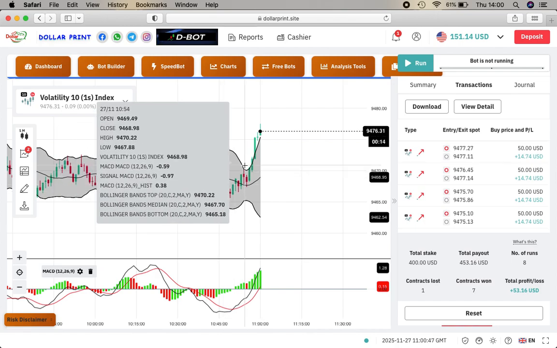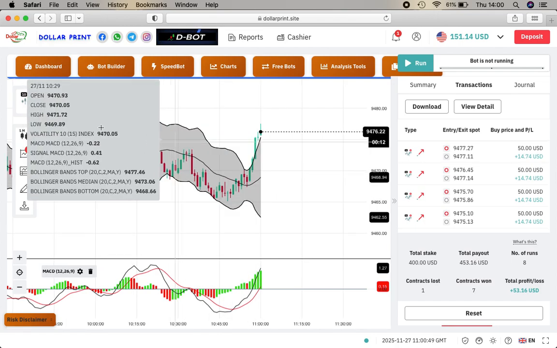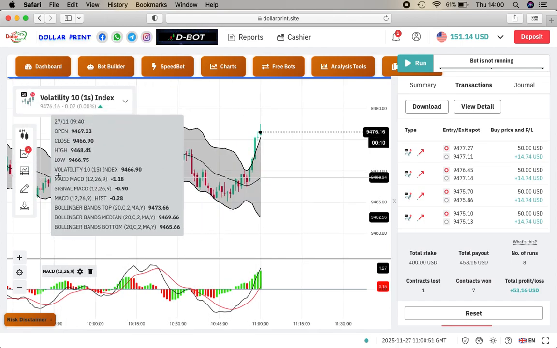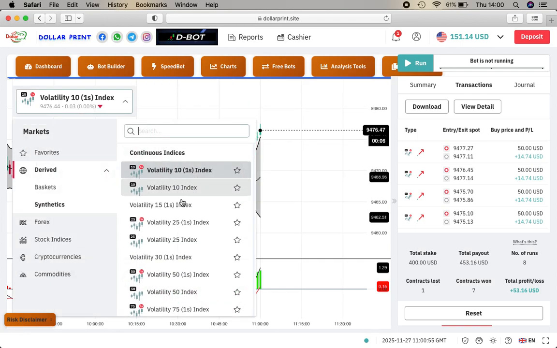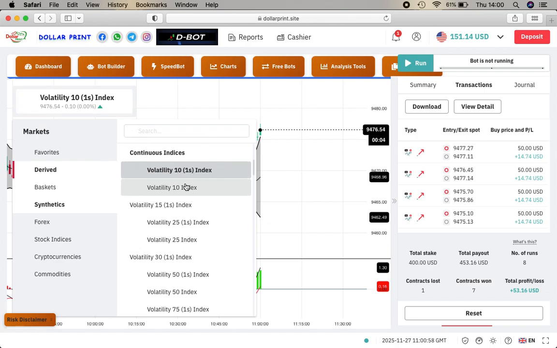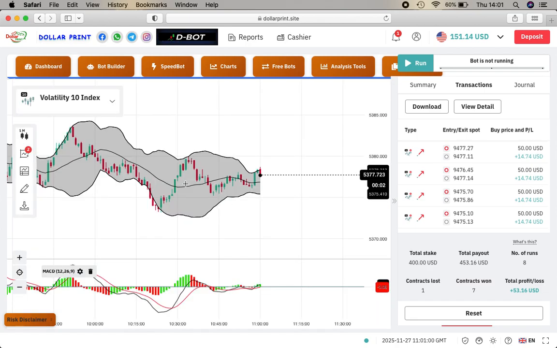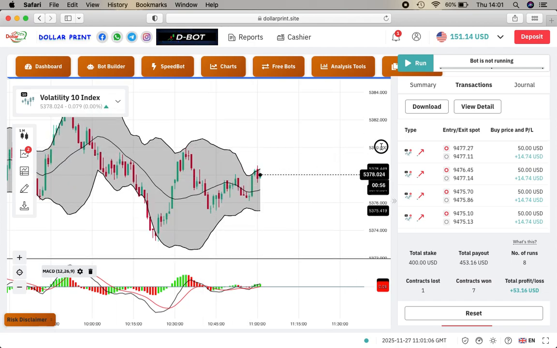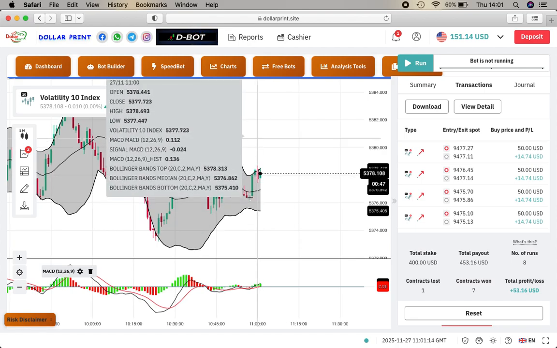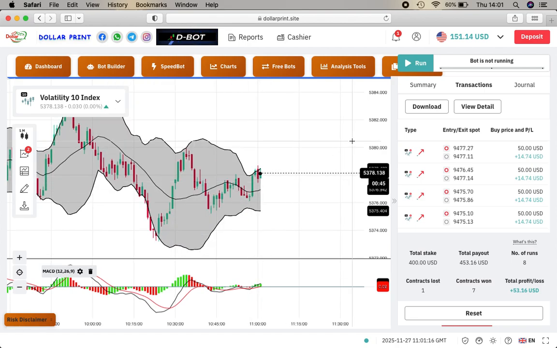So for lower, let me find a market for lower. The indicators act as a confirmation, and I need to explain something about this moving average, because you have a middle moving average. So let me find a good market which is on a downtrend. Nice. So as you can see on this market, you can wait for the candlesticks to step up above this barrier and go for higher.